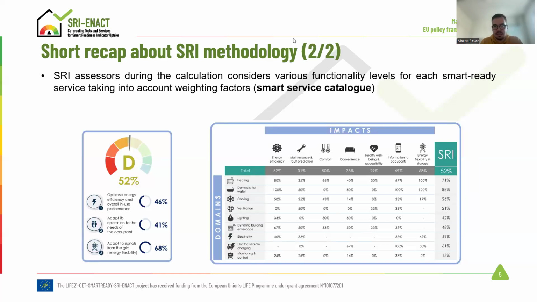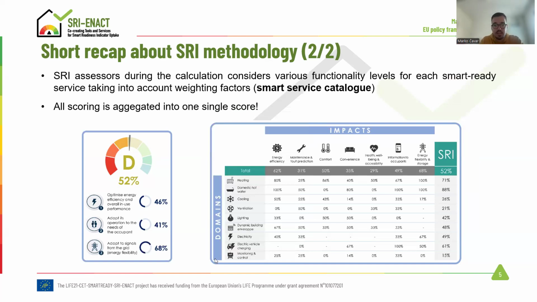How does it look in practice? Assessors during the calculations consider various functionality levels for each smart ready service. There is a smart service catalog that you use when you evaluate the buildings, and then all the scoring is aggregated into a single score. Below, you can see how it can look.